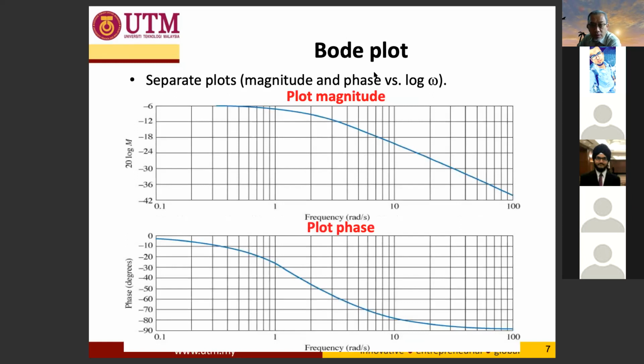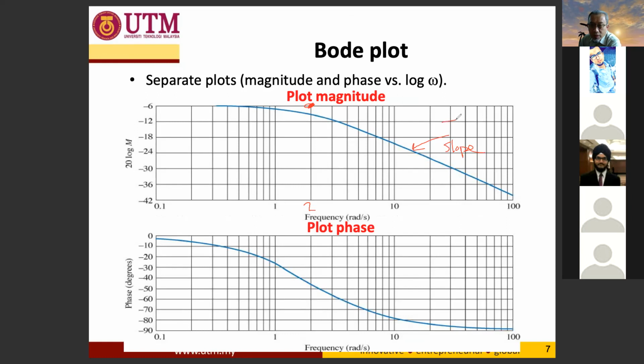Here you can see that at 2 radians per second there is a break frequency, where the curve changes from -6 decibels and goes down with a slope line.